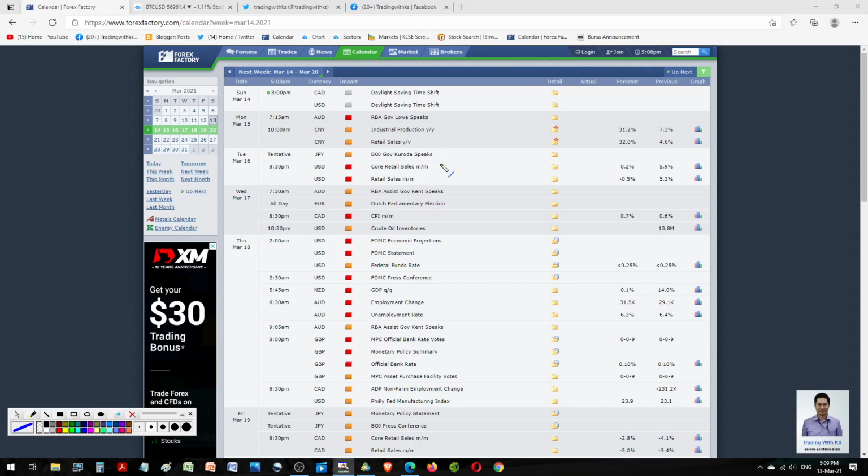Tuesday, Bank of Japan governor Kuroda speaks. And Tuesday evening, we got the monthly retail sales of the US. So this one, be careful. They expect a drop also in the monthly retail sales.